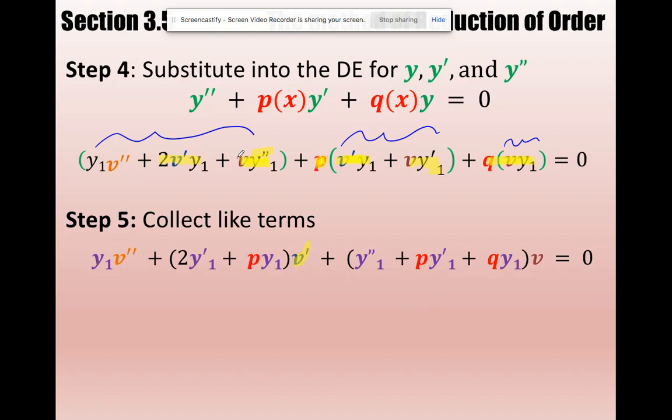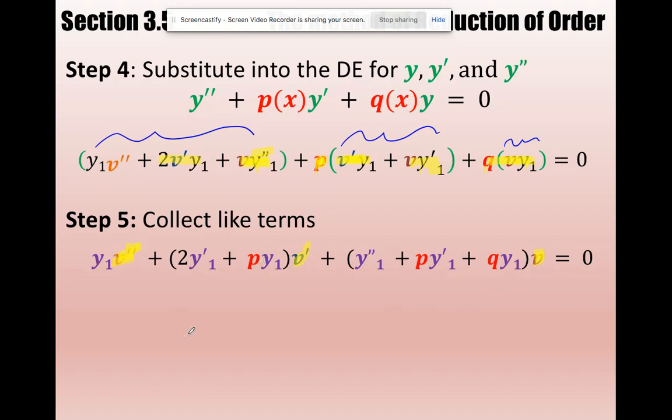And then I collected everybody that had just a v in it. So I have y double prime, p y prime, q y sub 1. I collected all of those.